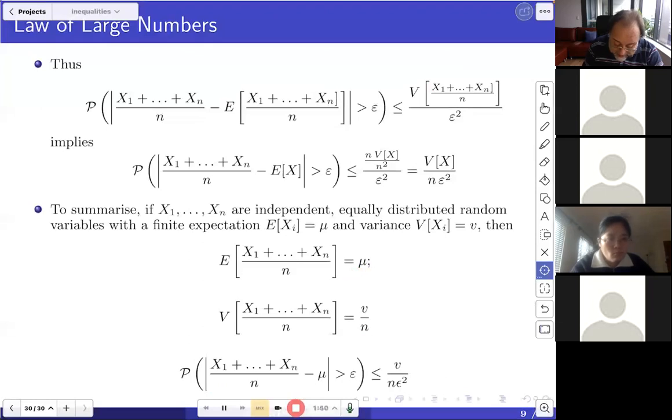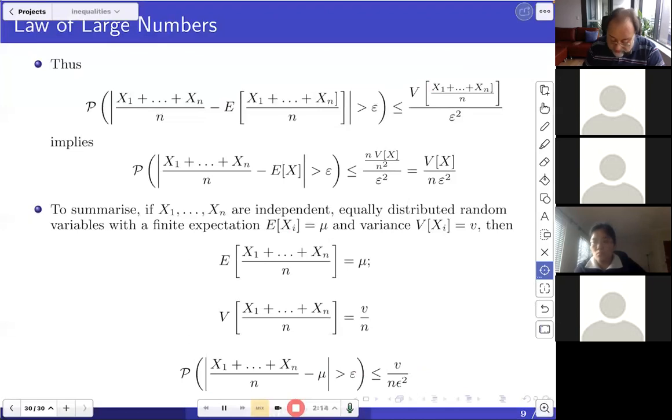Here is expected value, and here is another expected value, namely variance. But this here gives you the probability that you will be off the true value by more than epsilon, that it is smaller than variance divided by n times epsilon squared.